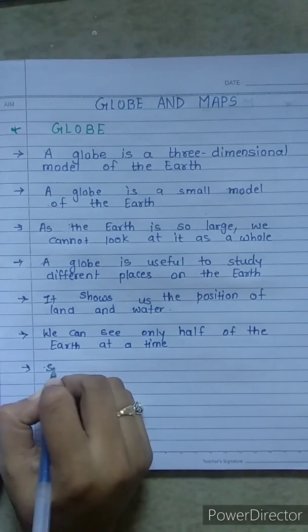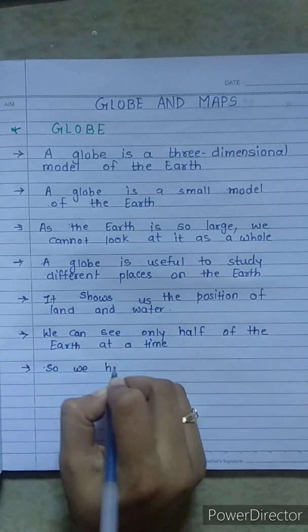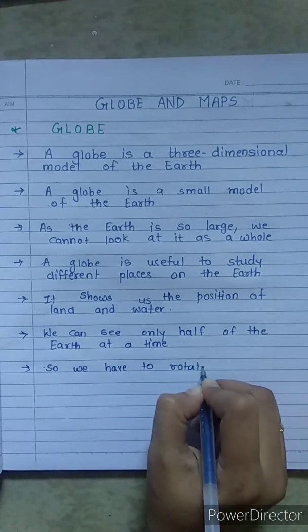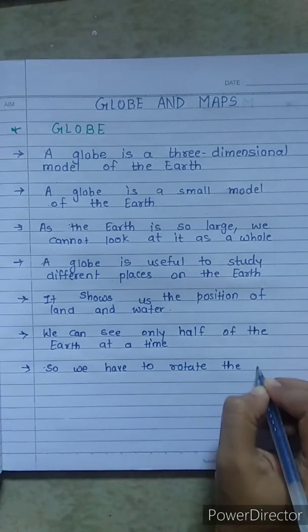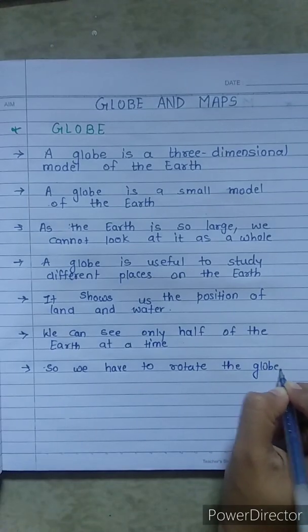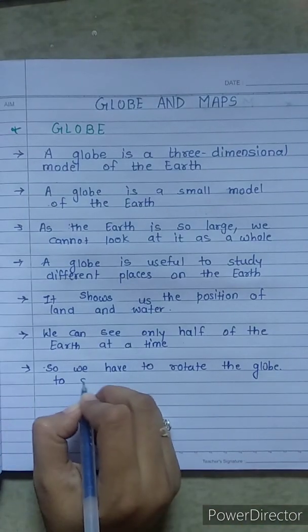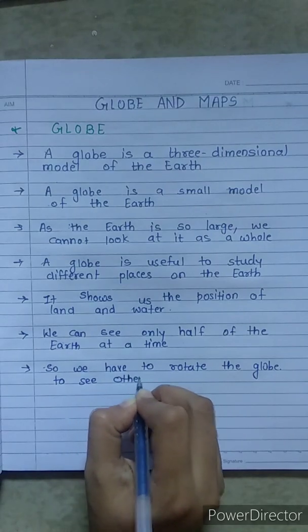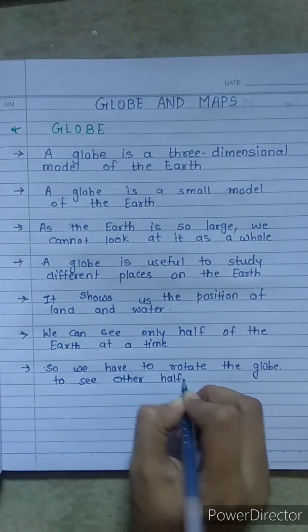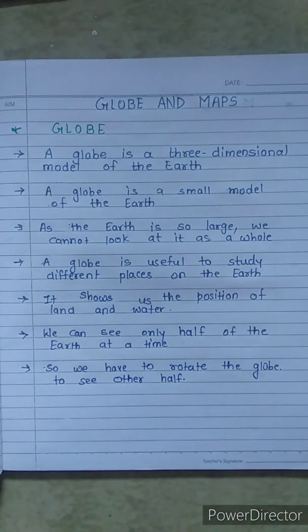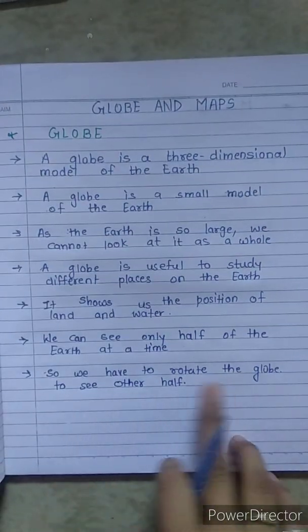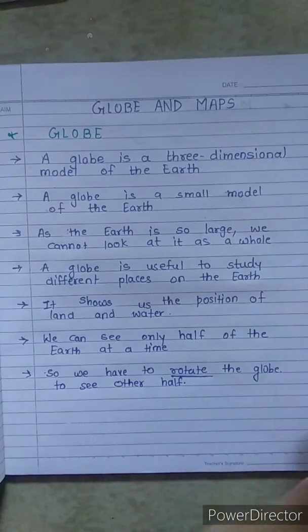So we have to rotate the globe to see the other half. Means the other half is on the back side. So if we want to see the other half, we have to rotate the globe.